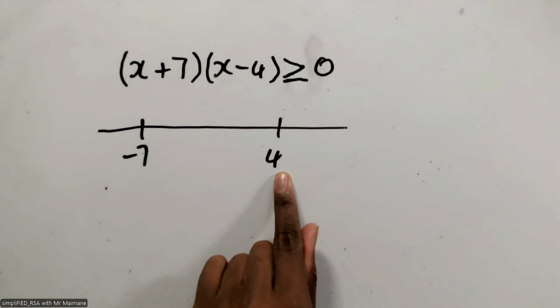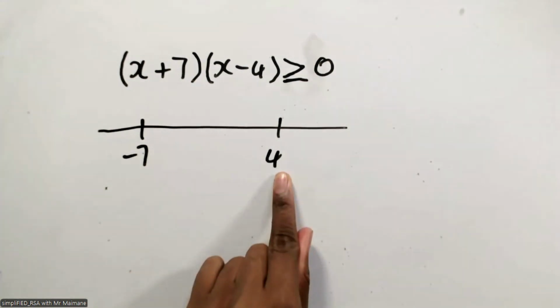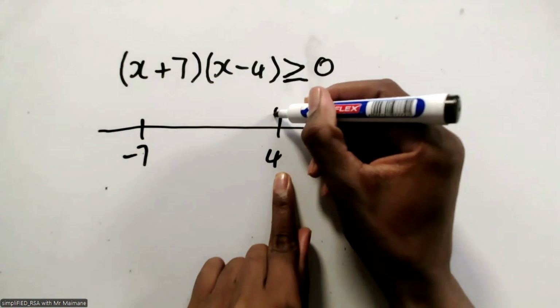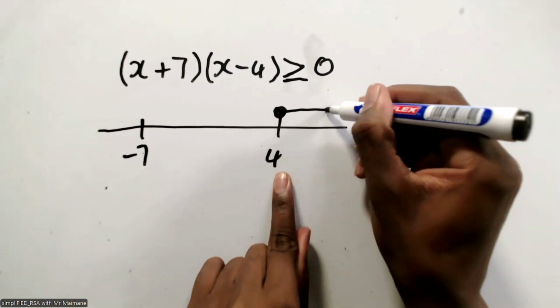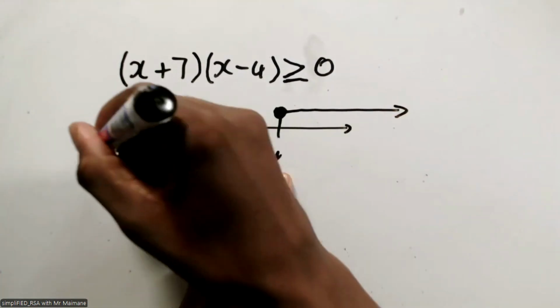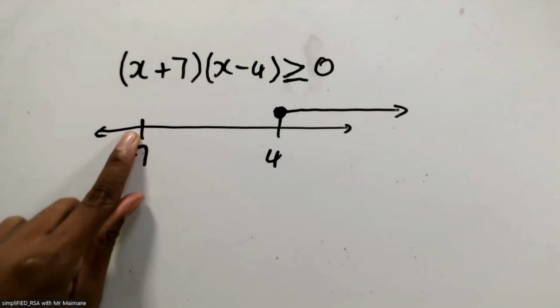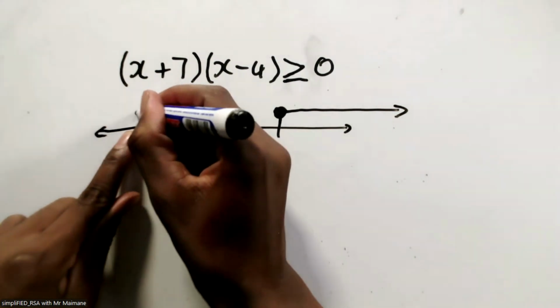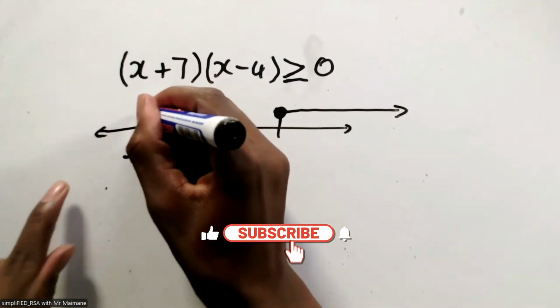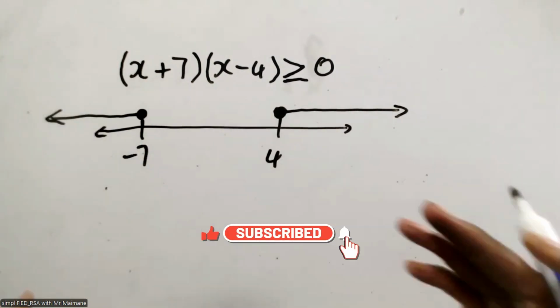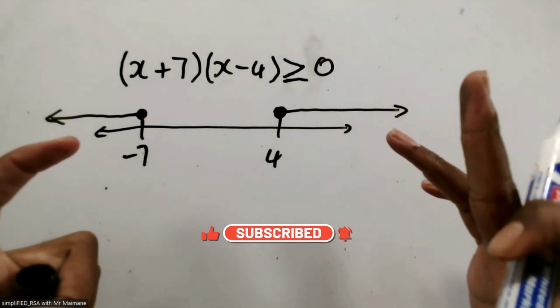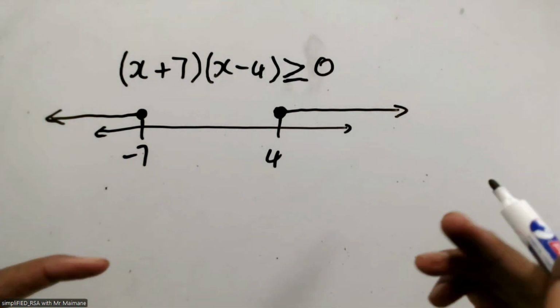The bigger number must take the original sign. And then I'm going to shade it and then it goes to that direction, right? And the smaller number must go to the opposite direction of the original sign. And then the smaller number will go to that direction. Guys, there are many different methods of doing this, but I just believe this one is far much easier.